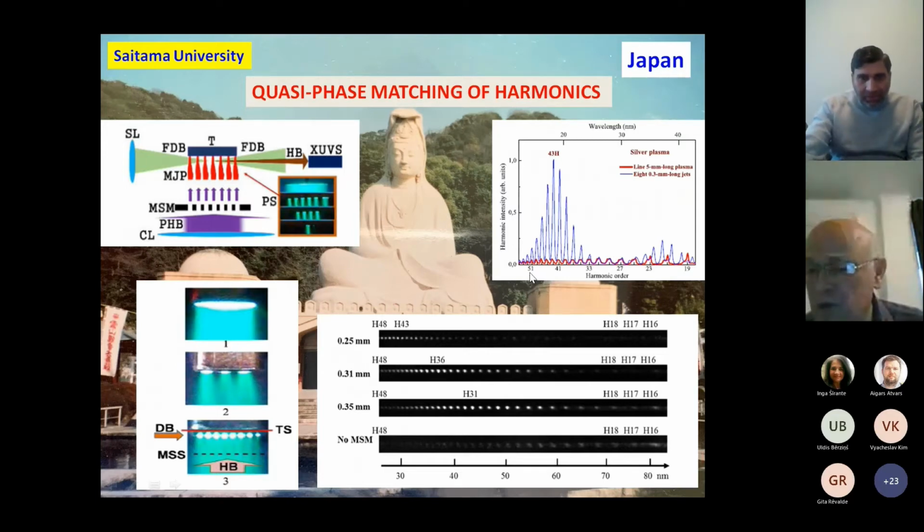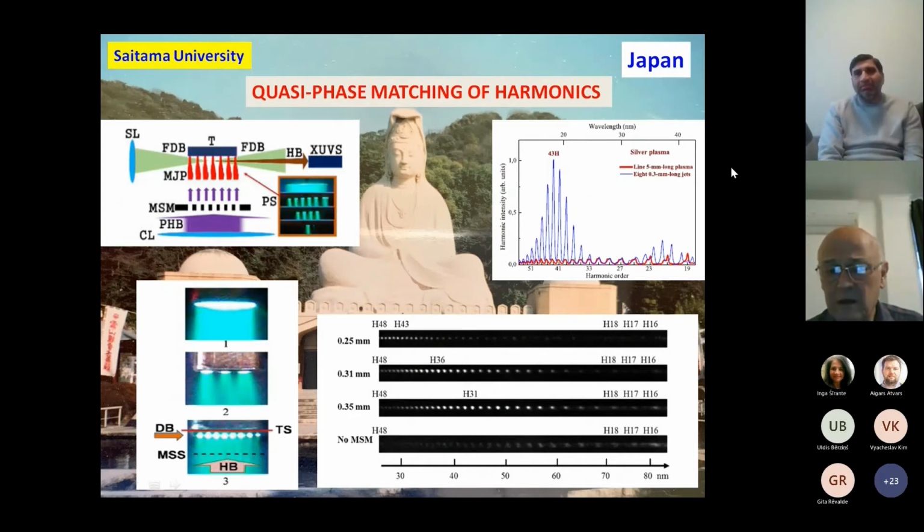Here I show harmonics between the 90th and 51st orders, in the range between 15 and 45 nanometers. However, once I divided this plasma using a multi-slit mask into 3 plasma jets or even 8 plasma jets, I was able to obtain 1, 4 or 8 jets.